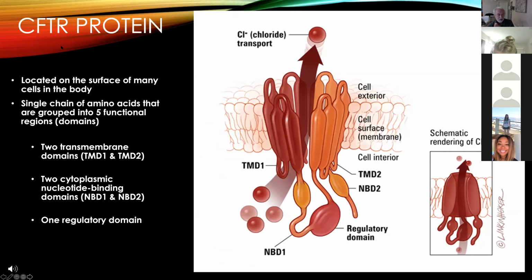Okay, so this is the CFTR protein, a diagram of it, and you can see it's embedded in the plasma membrane, the phospholipid bilayer. And it extends from inside the cell interior to outside the cell exterior. Its function is to transport these chloride ions, these balls, through this channel to the outside of the cell.